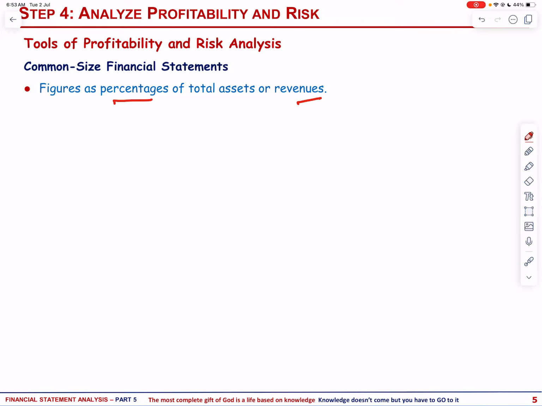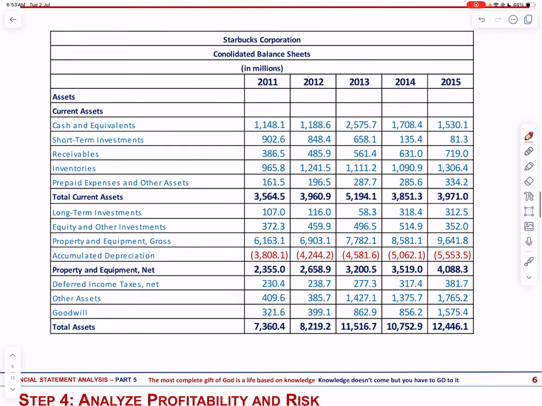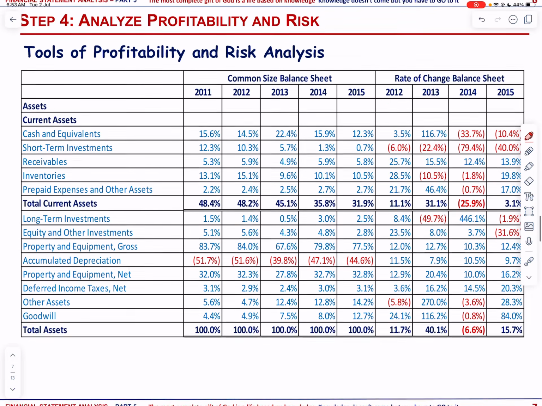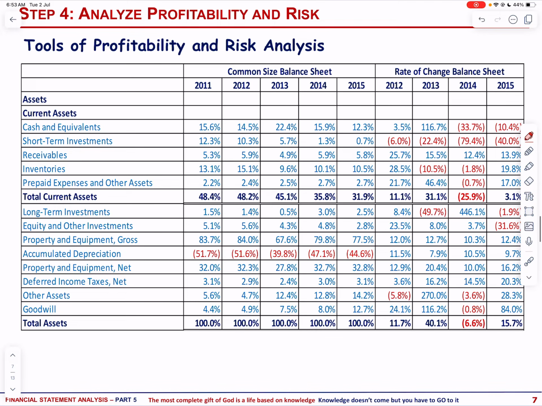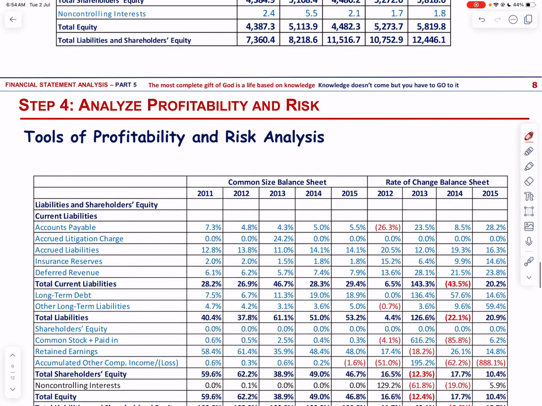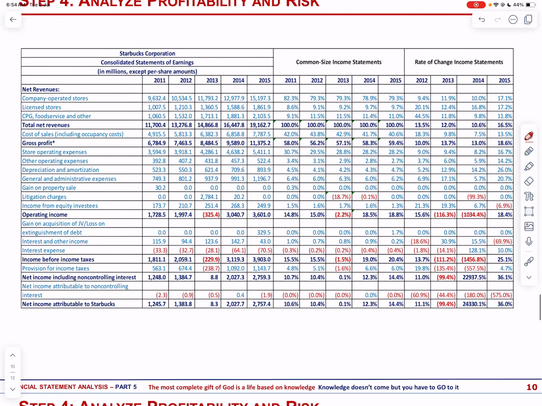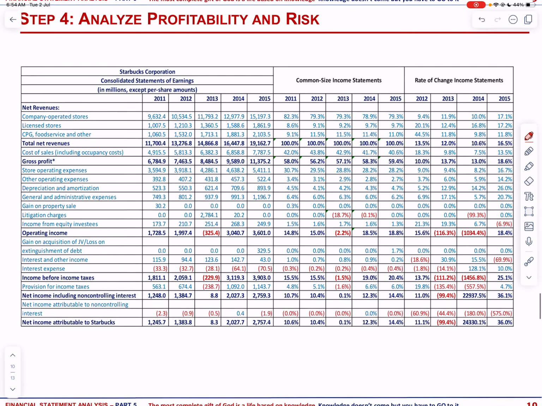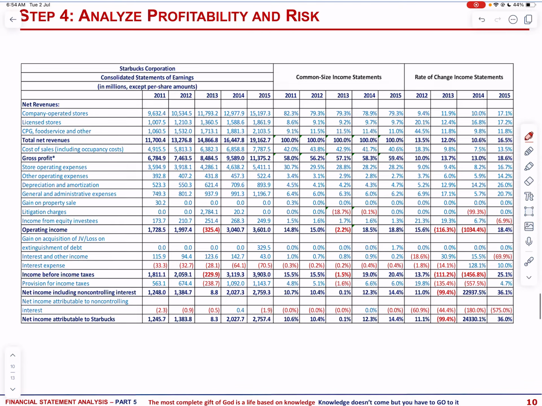On a common size balance sheet, items are represented as a percentage of total assets, while on a common size income statement, items are shown as a percentage of total revenues.